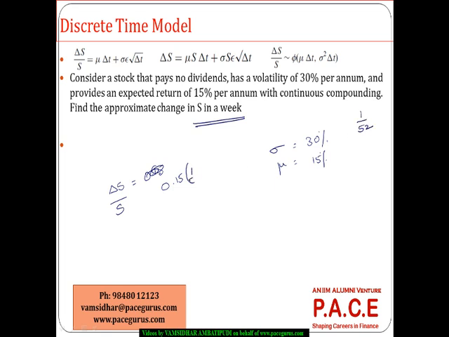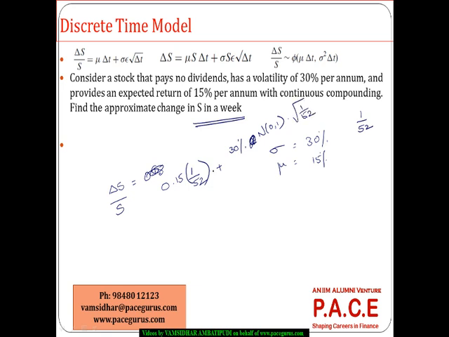So I'll take it as 0.15 times 1 by 52 plus sigma, which is 30%, times epsilon. Epsilon is a standard normal variable that I have to generate, and square root of 1 by 52.